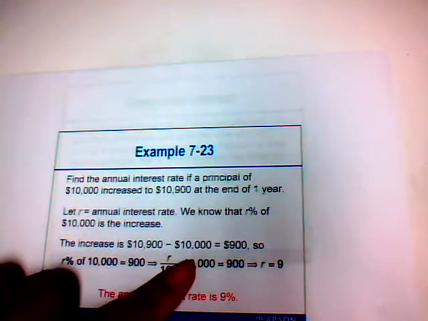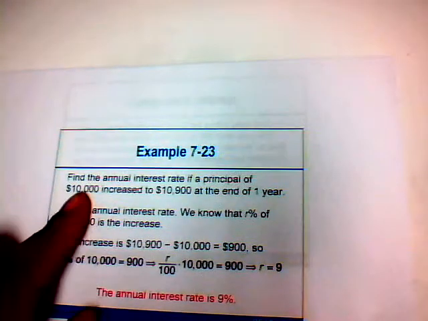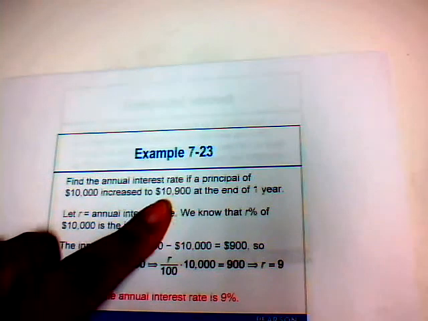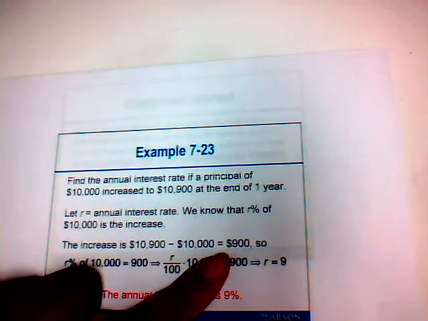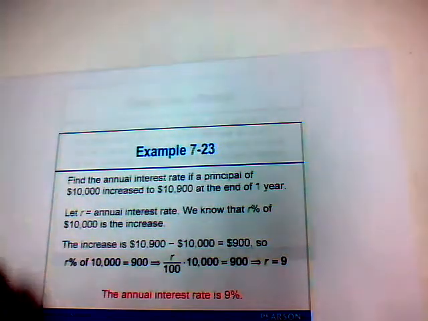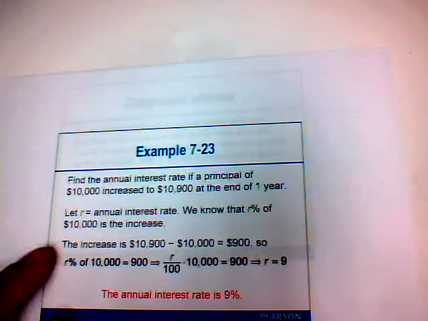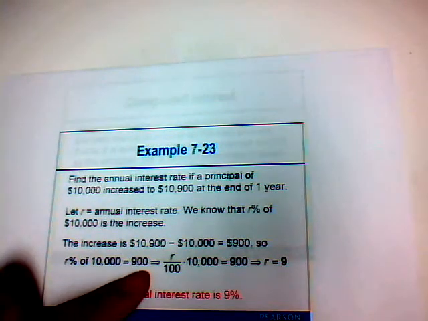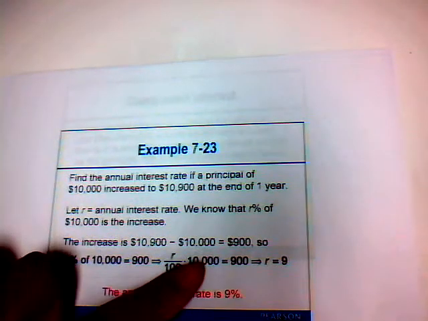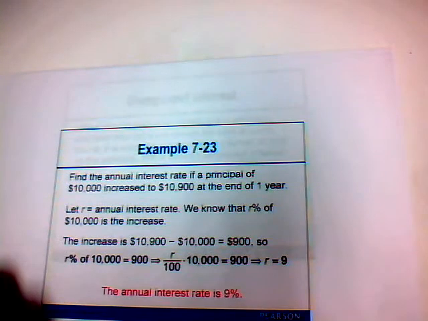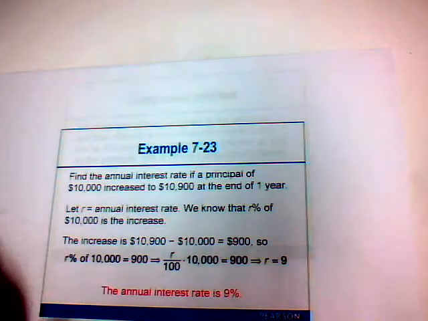You subtract your principal from the ending amount. That gives you the amount of increase, which is $900. So what percent of 10,000 would give us 900? Well, that's R percent, or R over 100 times 10,000 would give us 900, which equates to 9%.